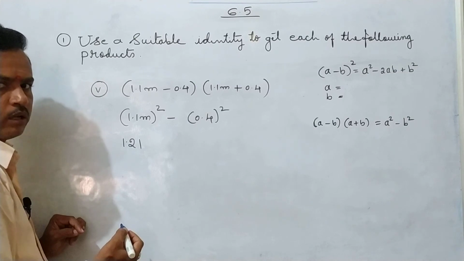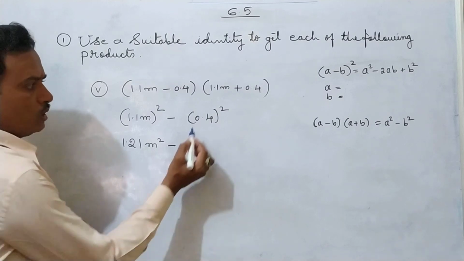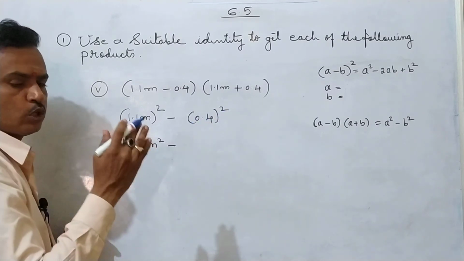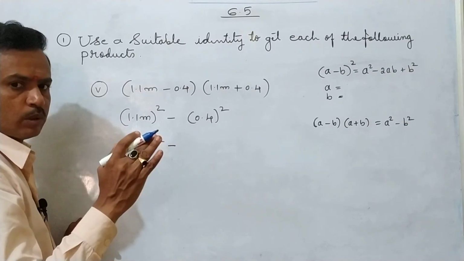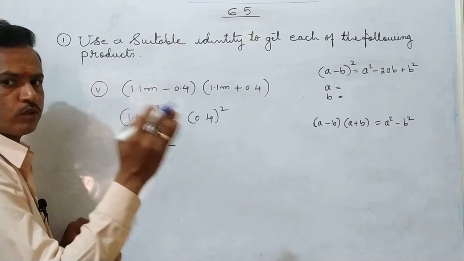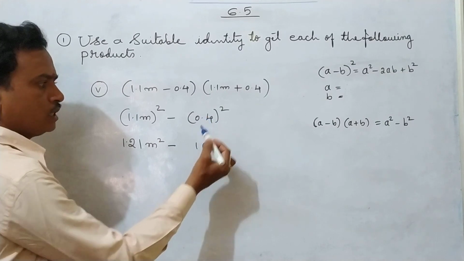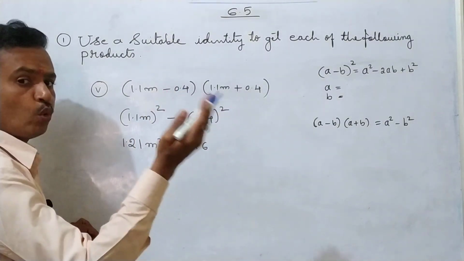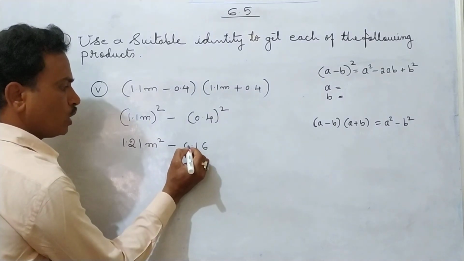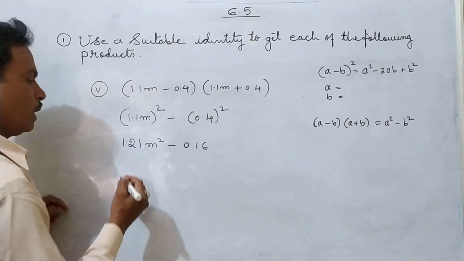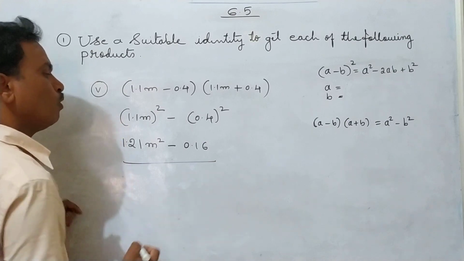That is 1.21 m square minus, now 0.4 whole square, that means 0.4 into 0.4. Ignore the decimal point, take only 4, 4 4s are 16. After one digit the point is there, so after 2 digits we put the point, then you write 0. Okay. So the answer is 1.21 m square minus 0.16.